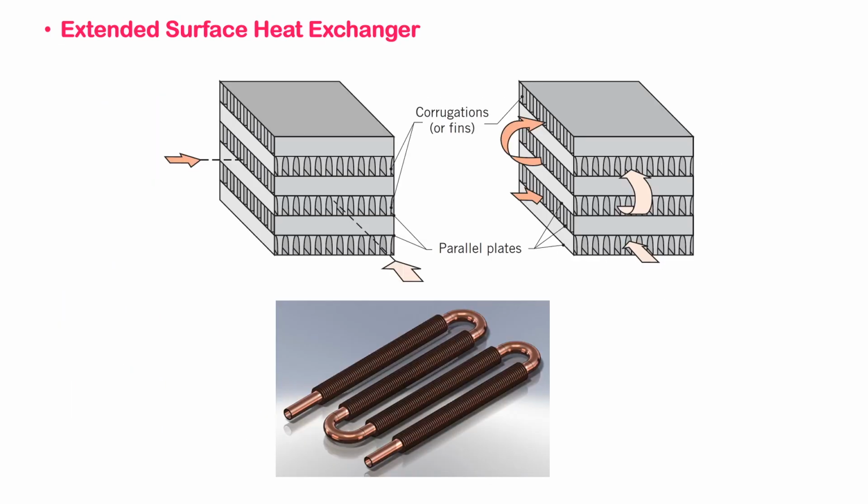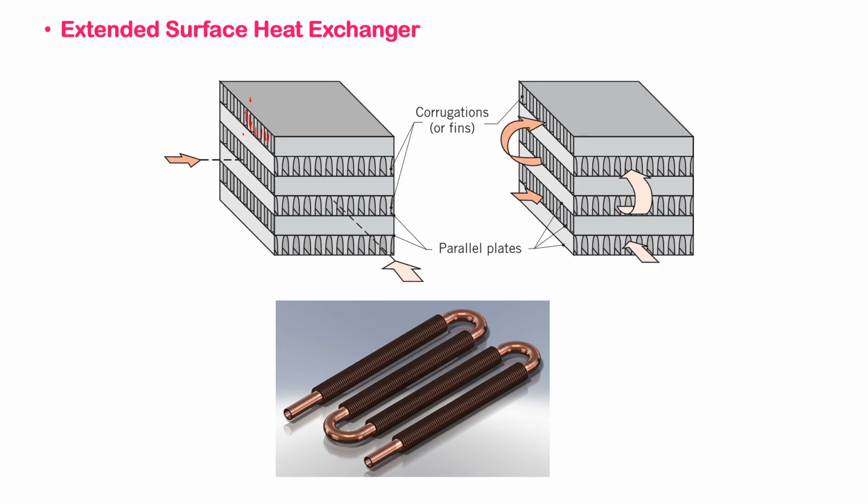Another type is extended surface heat exchangers. The idea here again is simple: you are separating two fluids. For instance, you may be using corrugations and fins. Let's say we have two plates, plate 1 here, plate 2. They are filled with fins in between, or corrugations in between.